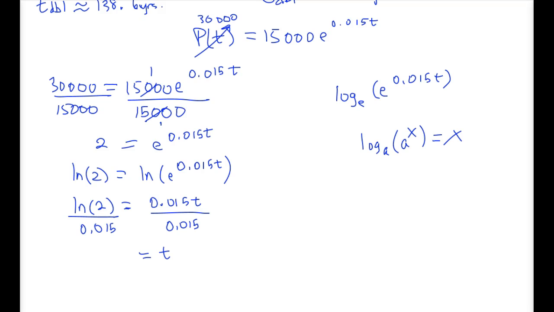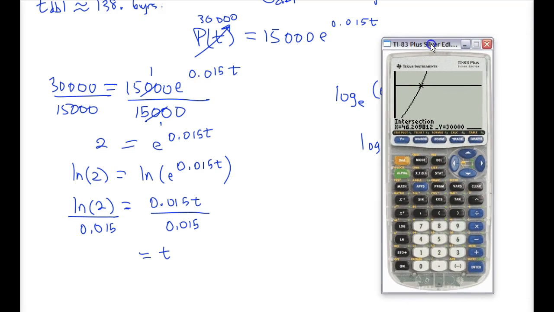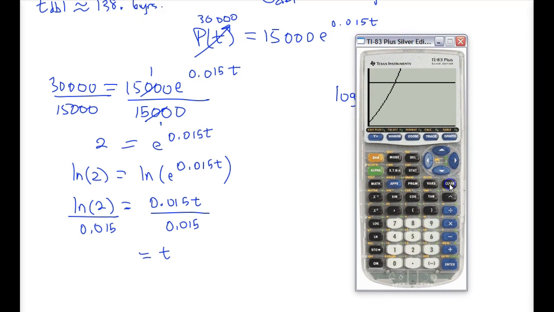Now all I have to do is put the natural log of 2 divided by 0.015 in my calculator, and I should get the same value that I got when I was doing the whole thing with the intersection, which was a little over 46 years. So we'll have natural log of 2 divided by 0.015, and you see that I got a little over 46 years.